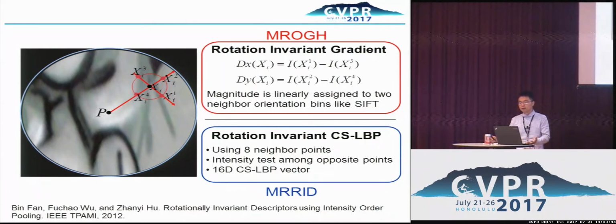So in this coordinate system, we compute low-level features and obtain rotation invariance. That's the constructed descriptor, which we call MIOP. We further use the rotation invariant center-surround OBP as another kind of low-level feature to construct the other kind of descriptor called MROGH. Note that it is also computed in a local coordinate system to achieve rotation invariance.